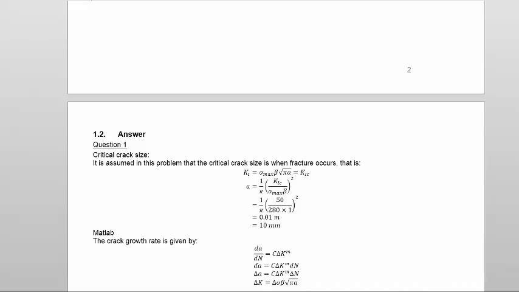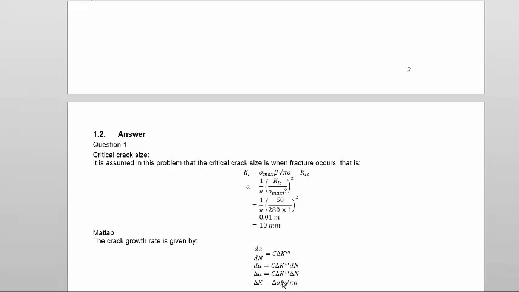Now remember, I told you in the previous slide that we are going to assume that the crack growth is so small that the change in delta K as a function of crack size is negligible, because we know delta K is equal to delta sigma, the nominal stress, times beta times square root of pi A. For one block, we assume that this delta K for the same delta sigma stays constant.